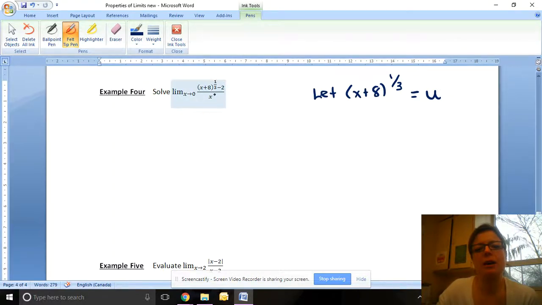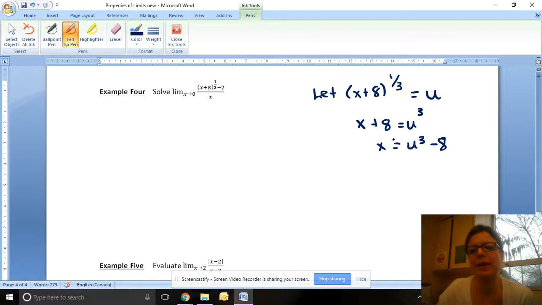Now we have to figure out how we are going to replace this x and this limit statement, the x approaches 0. So we need to solve for x in terms of u. We get x plus 8 equals u to the 3, so x equals u to the 3 minus 8. That's how we're going to replace x.